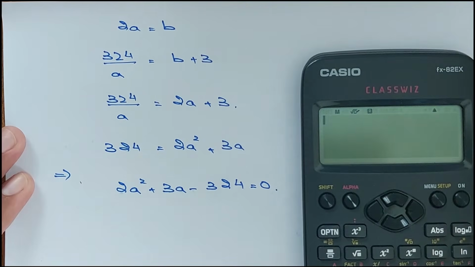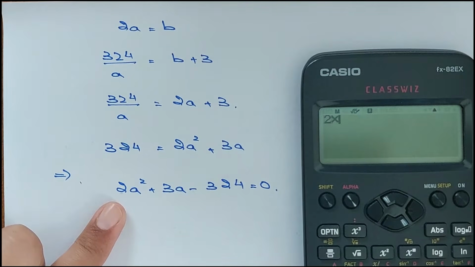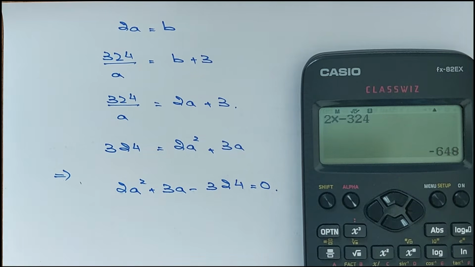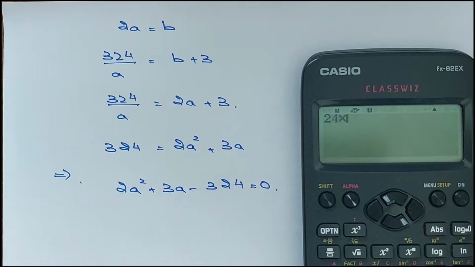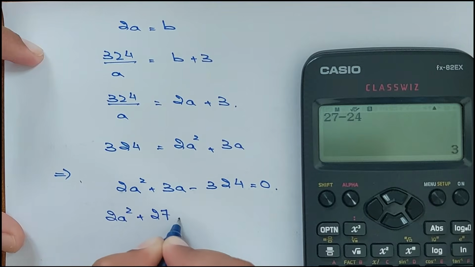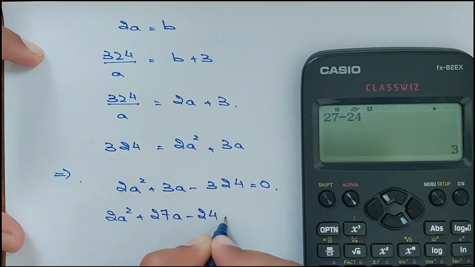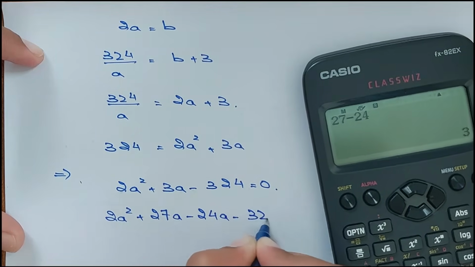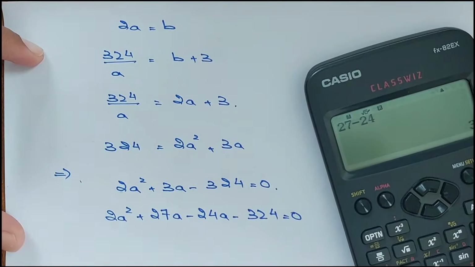Okay, so we can say that 2 times minus 324 is minus 648. Okay, so if I can take 24 times 27, which is 648, and 27 minus 24 is 3. So 2A square plus 27A minus 24A minus 324 is equal to 0.